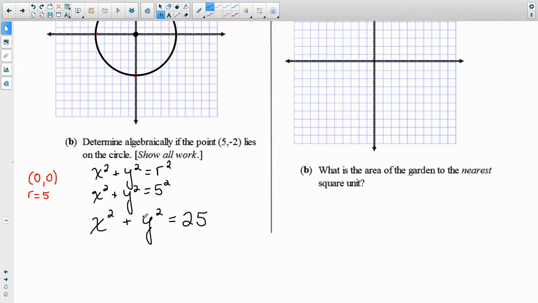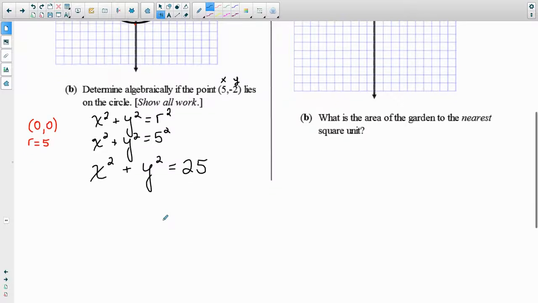Now that's important because it's going to help us answer this first question. Determine algebraically if the point 5, negative 2 lies on this circle. Well, it's really simple to test if a point lies, meaning on the circumference, on the line of the circle, because all you need to do is substitute the x and the y of a point into an equation, and then if it's equal, or a true statement, then that means that point is on the circle.